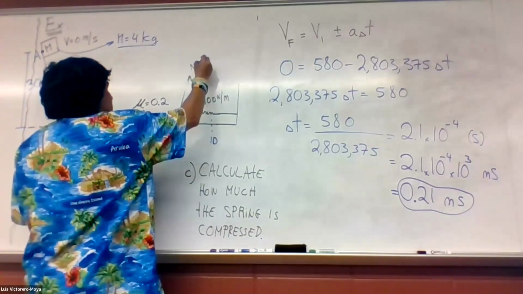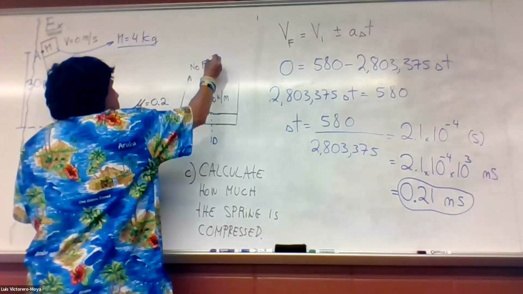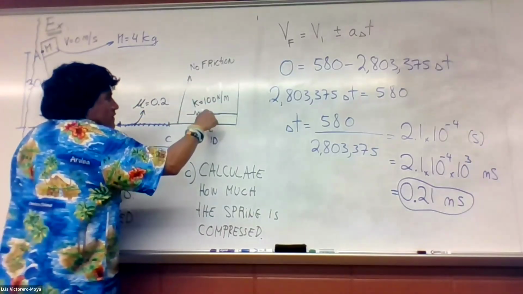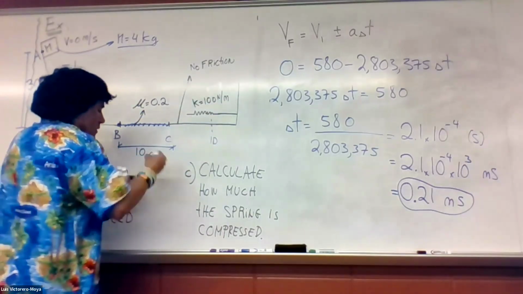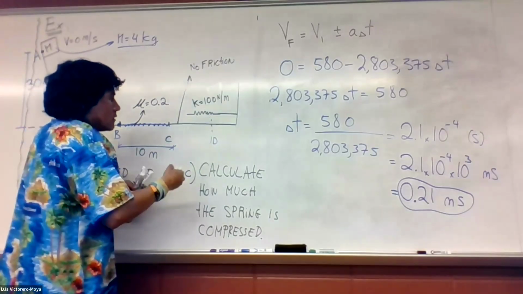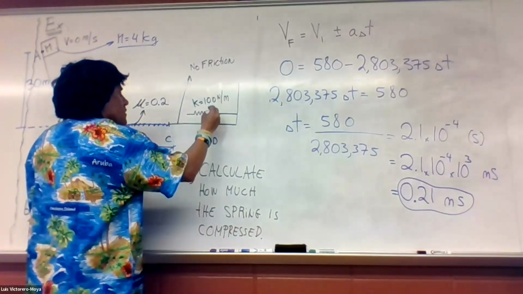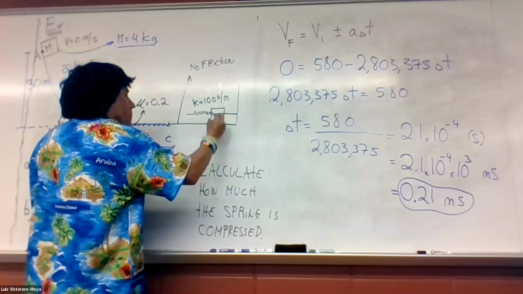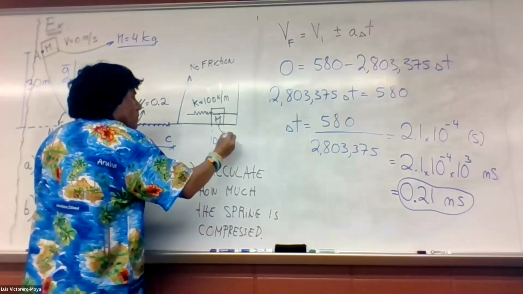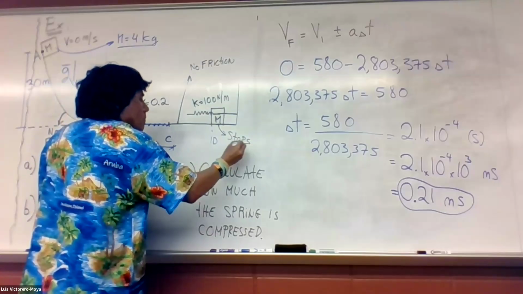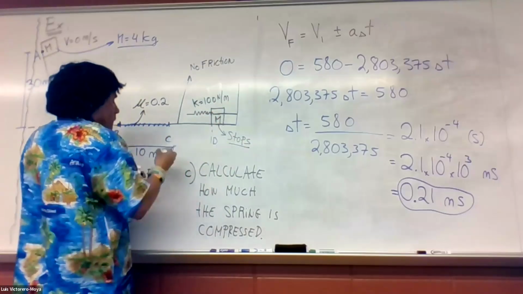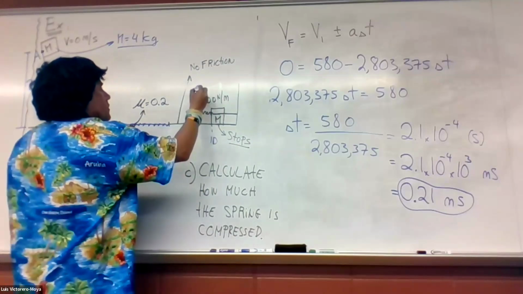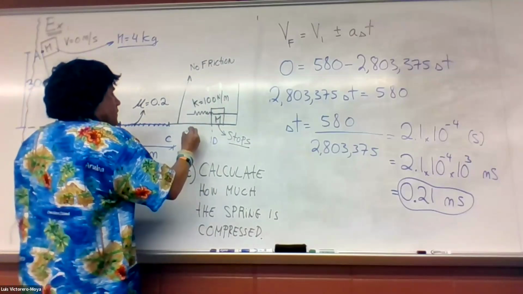I should leave it with friction, but anyway, let's leave it like that. No friction, and then it's gonna stop. So then it's gonna stop at D. The mass reaches this point and it stops there by compressing the spring some distance x.